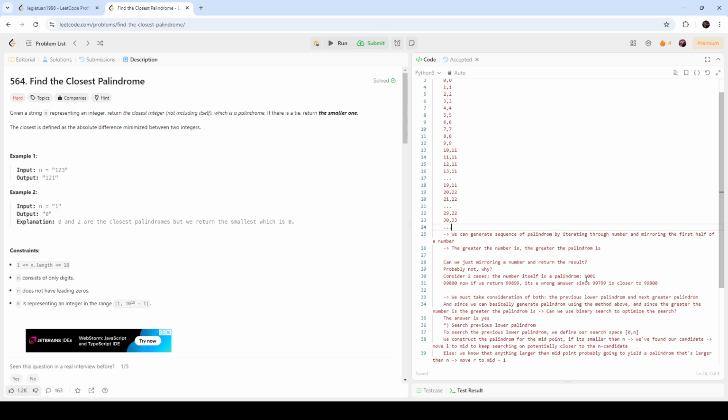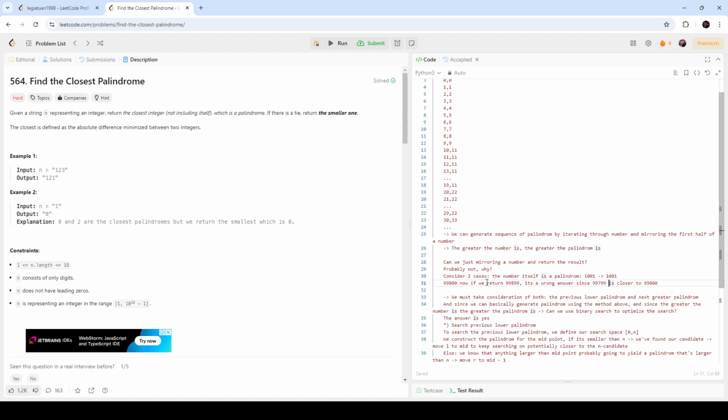If the number itself is a palindrome, then we return itself if we follow this method. But if you read the description, we need to return the closest integer, not including itself, which is a palindrome. So we cannot return this.